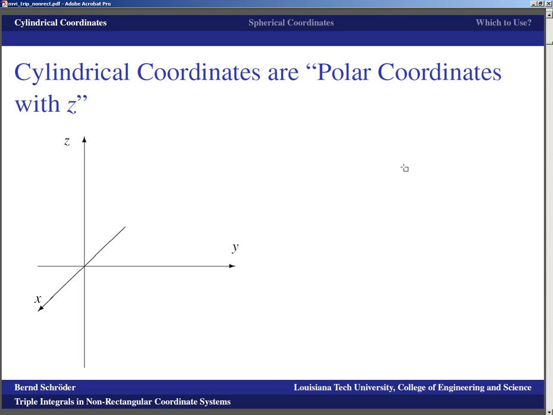Take an XYZ right-handed coordinate system, and, well, we know that a little step in theta would be a step d theta that happens in the XY plane, right? And when that happens, you get a little area element, which is just like the area element in polar coordinates, and that is, of course, quite natural, because, after all, cylindrical coordinates are polar coordinates with z.